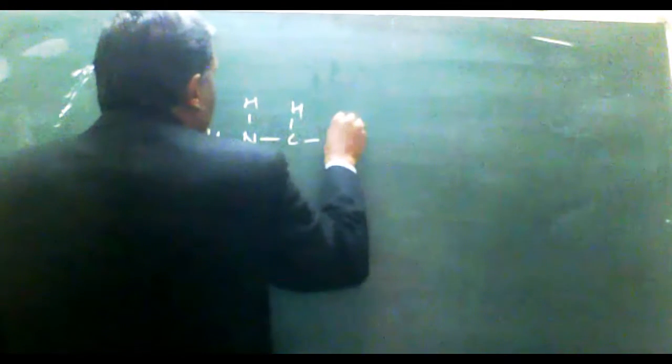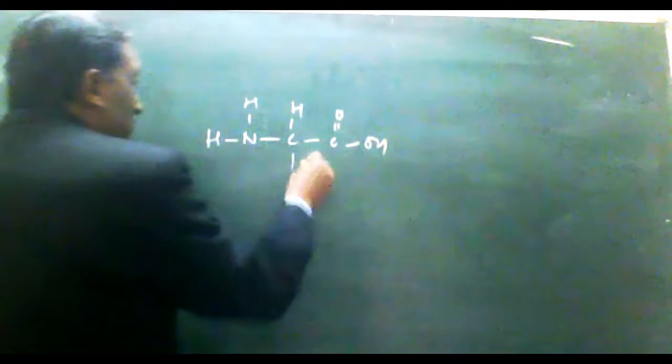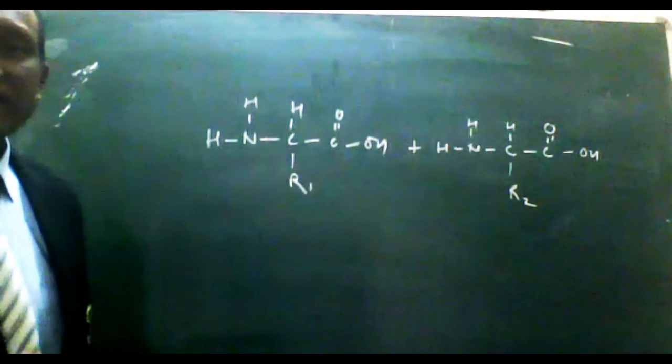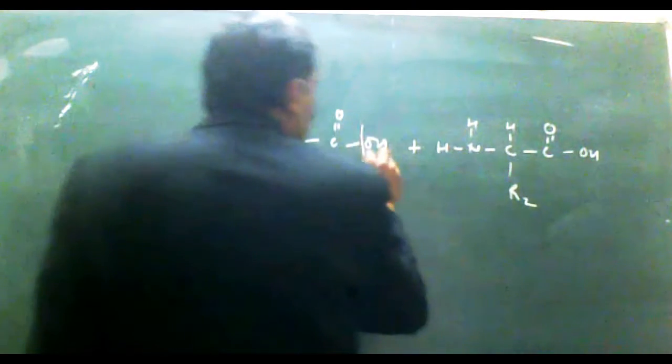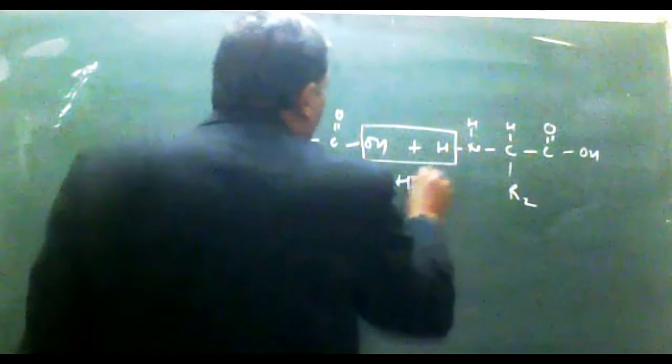One amino acid: NH2, C double bond O, OH, and R1. Plus another: NH2, C double bond O, OH, and this is R2. So there are two amino acids in front of us. This OH and this H come together in the form of one molecule of water.